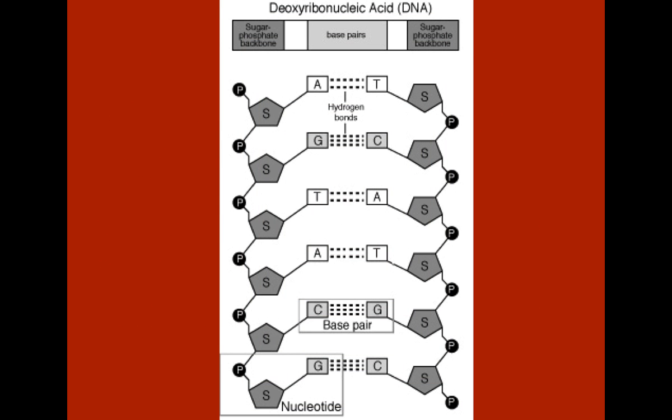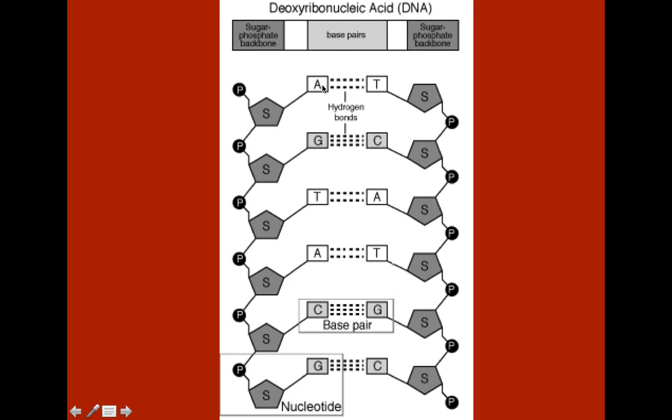So, excuse me, this is kind of what I was talking about. We've got one set of nucleotides on the left, another set of nucleotides on the right. So we go sugar, phosphate, sugar, phosphate, all the way down on both sides. The nitrogenous bases line up across from each other, and you can see here we have hydrogen bonds.